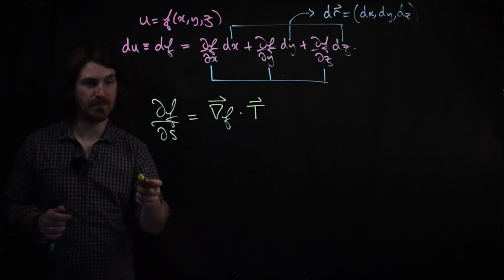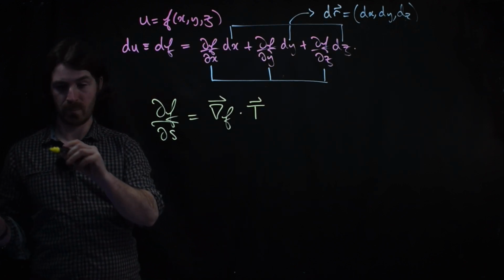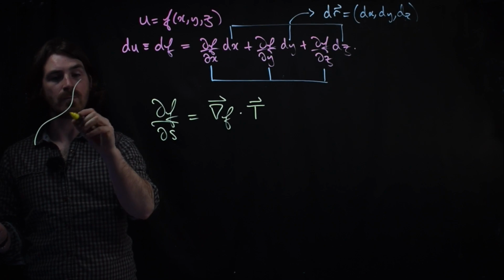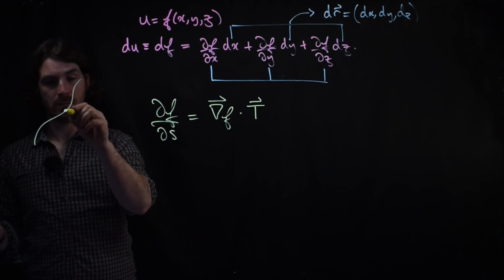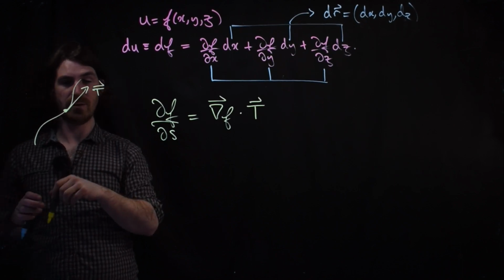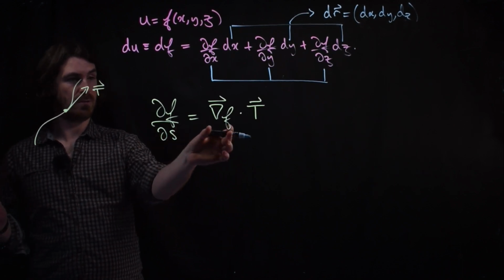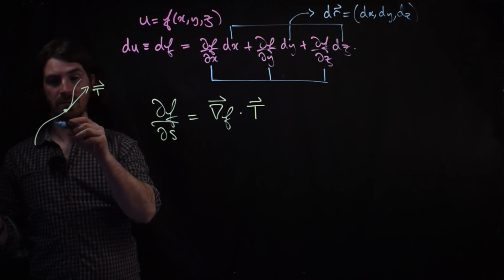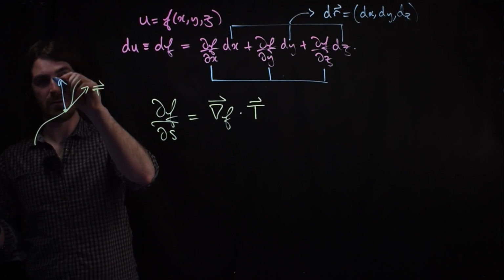So there's some curve with a tangent vector t, which may be different from the direction of this gradient vector. So maybe the gradient vector is in this direction.